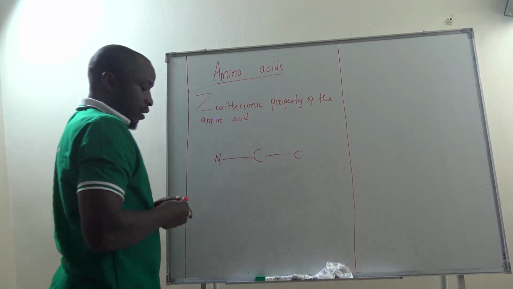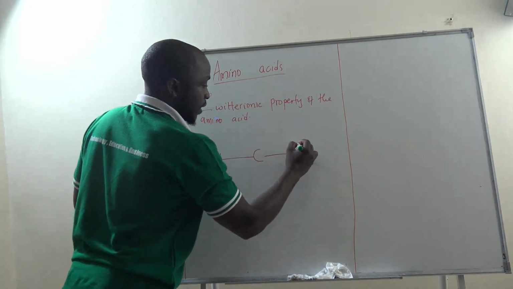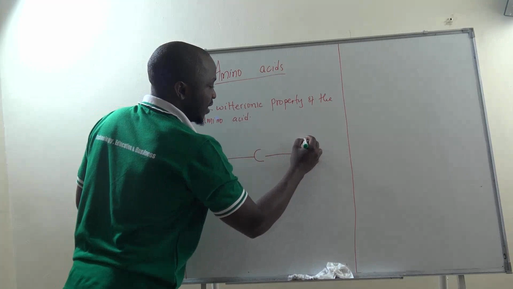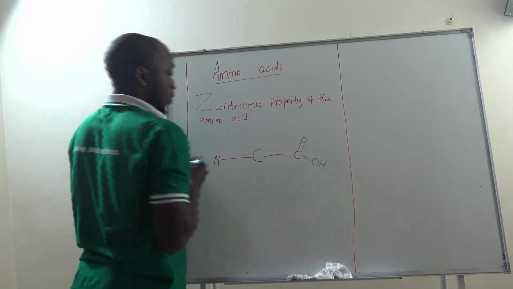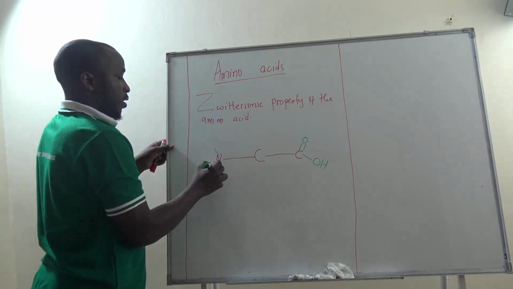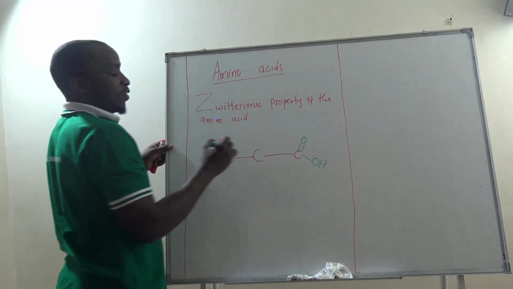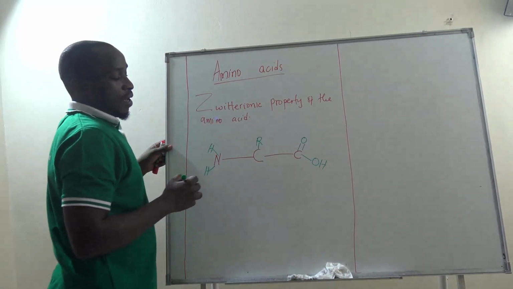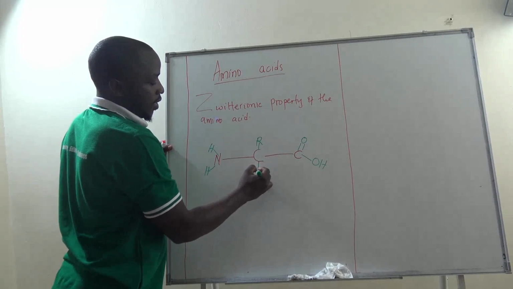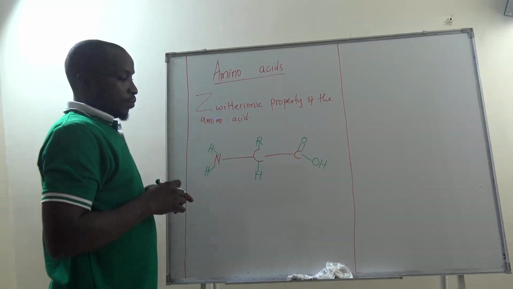We had said it has two sides. The acidic side, the basic side, the amino side, the R, and there is the hydrogen.